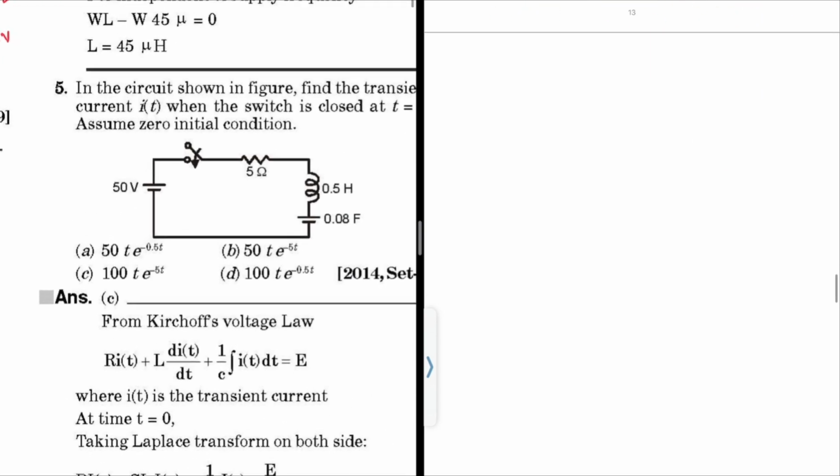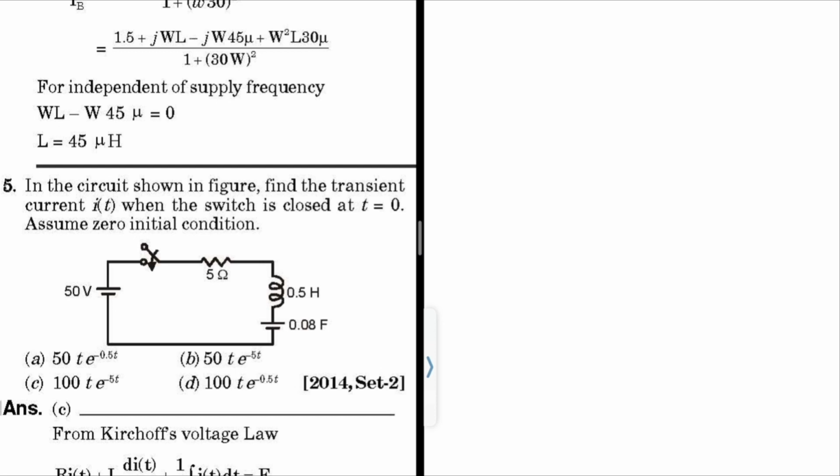Coming to the fifth question, this is an RLC circuit with a DC supply. Let me assume the current I(S) in the Laplace domain equals V by S, as this is a DC supply, divided by R plus SL plus 1 by SC.